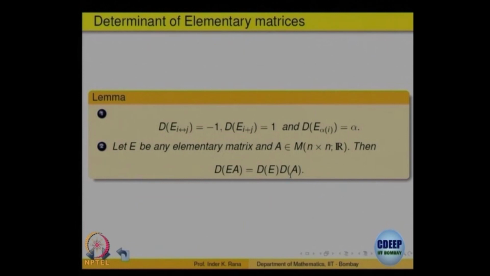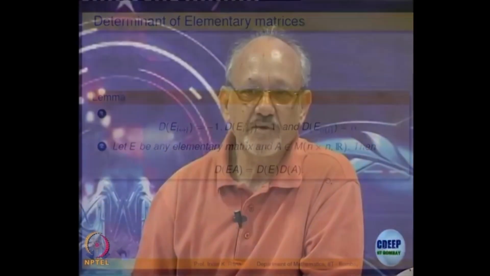So, what will this give you? Interchange, right. So, basically now you can see that I am heading towards trying to prove the property that determinant of A times B is equal to determinant of A into determinant of B. This is the first step towards that.